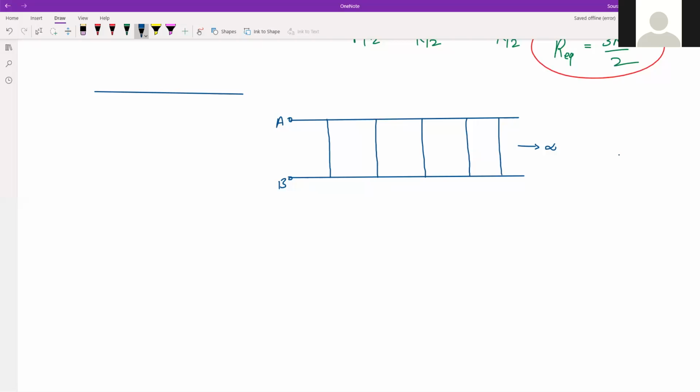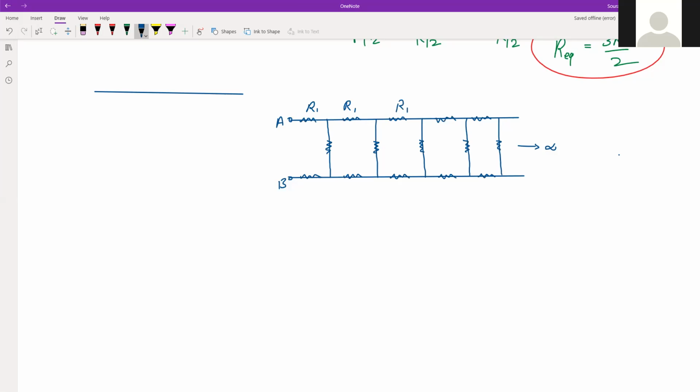And all these sections which you see, they all have some resistance. So these are different resistors, and there must be a pattern. That means there must be some repetition.